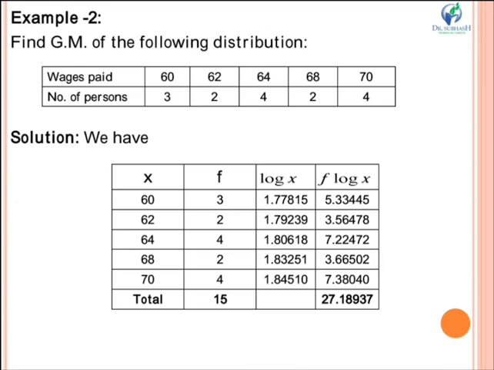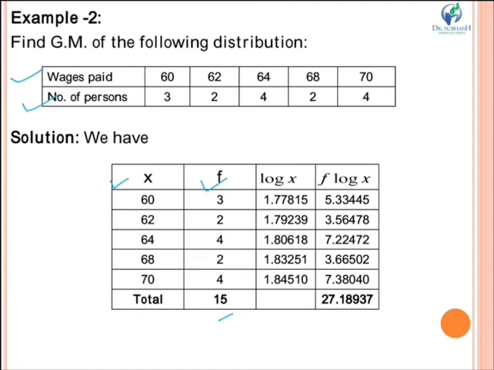Our next question is, find the geometric mean of the following distribution. Here wages and number of persons are given to us. So we will use the formula for xi and fi. Our x is given to us and f is given to us. Total of f will be 15. Now we need to find log x, because in our formula we will need log x and f into log x.